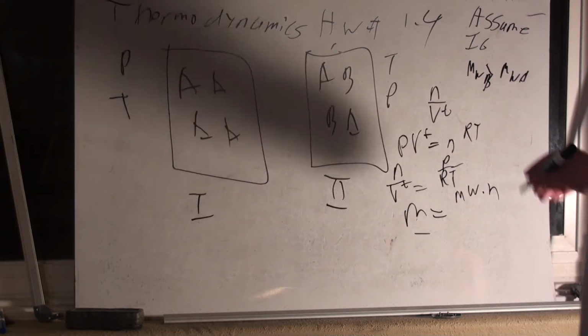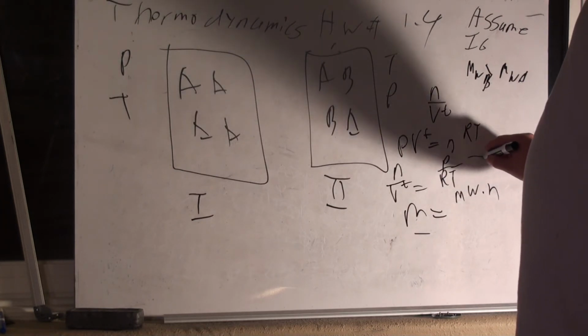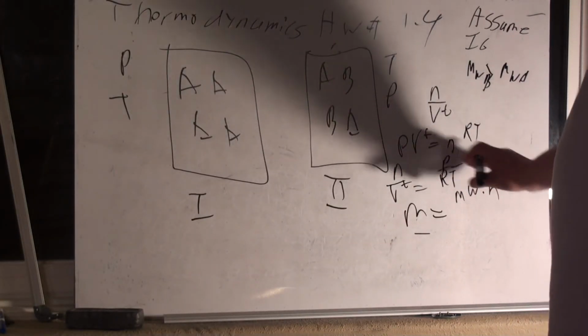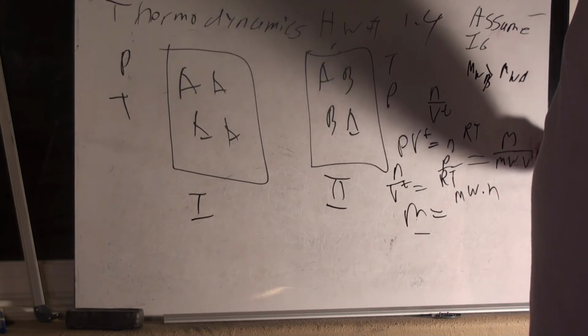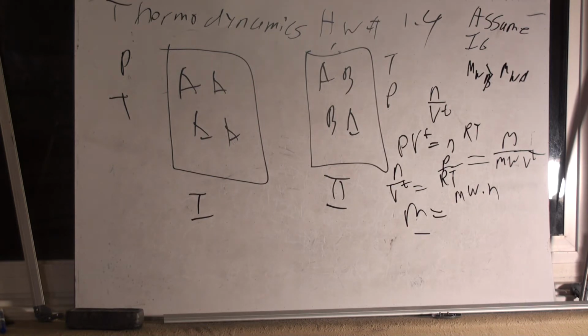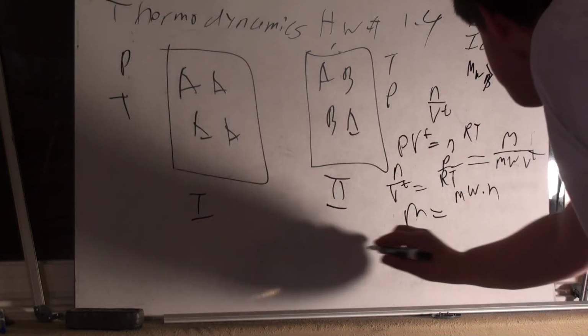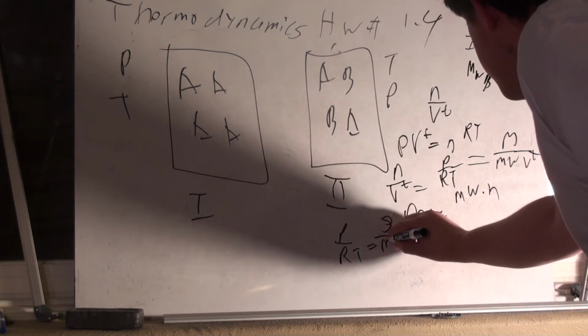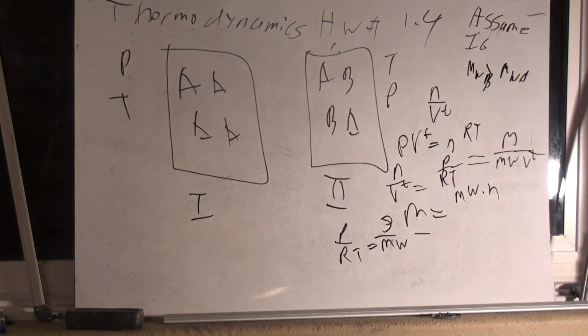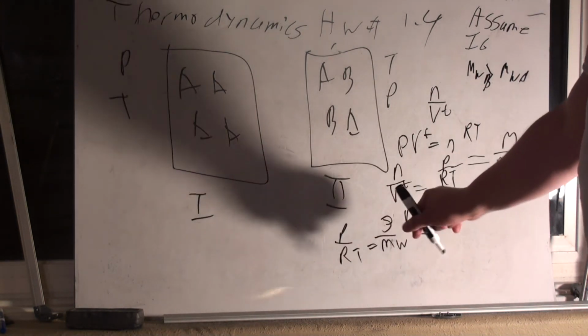And so to get N is basically M over molecular weight, times V total. And the mass density is really this M over V total, so P over RT really becomes rho over molecular weight. And so now, this is constant, but this is different.